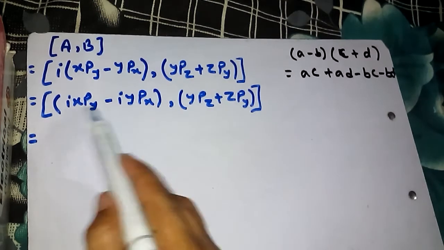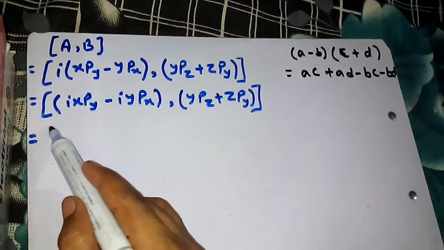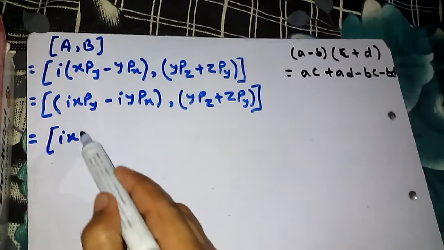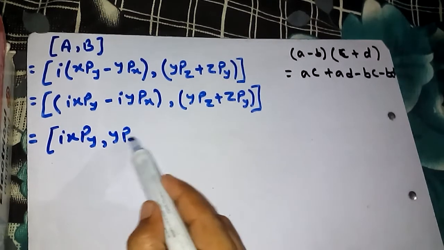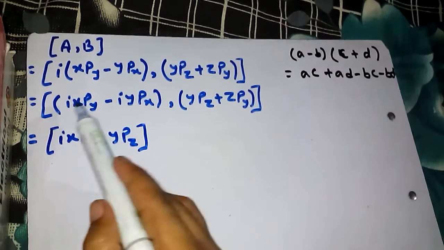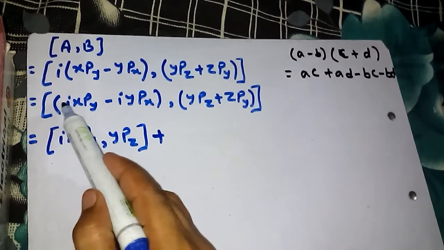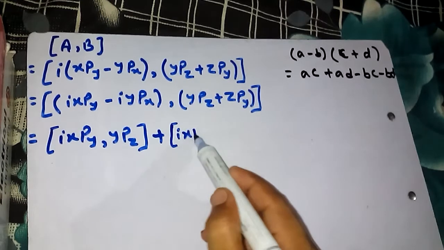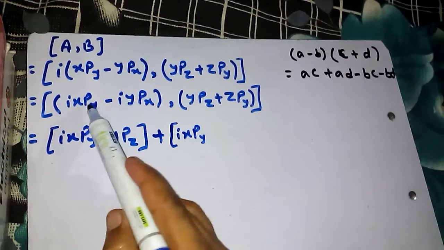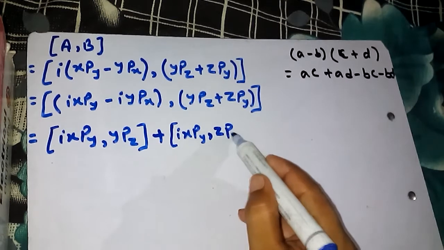So first, this term and this term commutation: i xpy, ypz. Then this term and this term, and there will be a plus sign because it is plus and it is plus: i xpy, zpy.